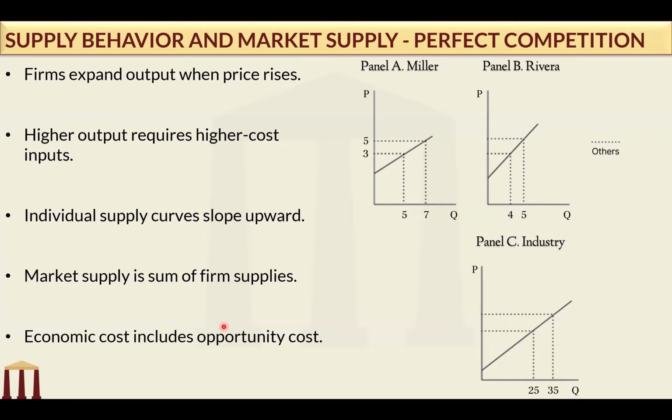The value of the next best alternative. It can be the next best alternative of labor, it can be the next best alternative of land, even for capital. Okay, so that is also in the economic cost. So that is why, since economic cost includes the opportunity cost, these implicit costs, obviously economic profit will be very different from accounting profit.